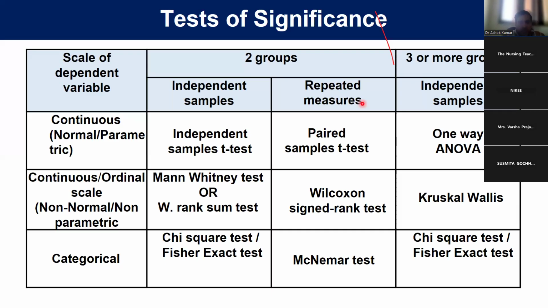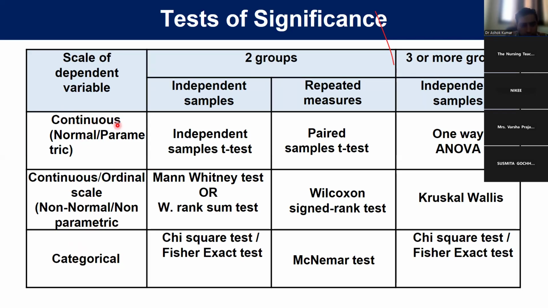We see here the scale of dependent variable, and the groups: 2 groups, 3 or more groups. Our scale of dependent variable is either continuous, meaning quantitative, or categorical, meaning qualitative.